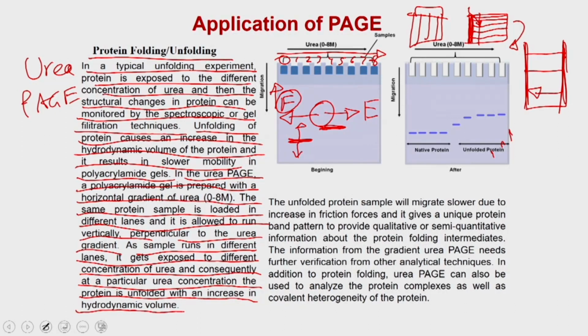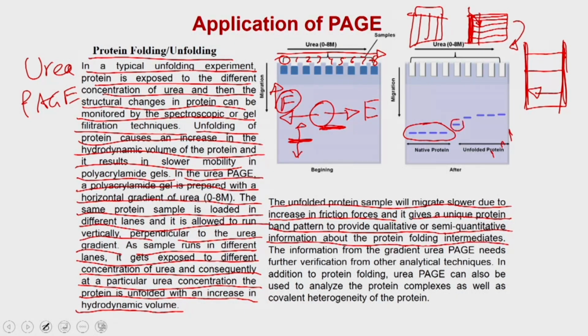At that point the frictional forces will go up. The native proteins run more, and the unfolded protein will migrate slower due to the increase in frictional forces, which gives unique protein bands to provide qualitative or semi-quantitative information about the protein folding intermediate.